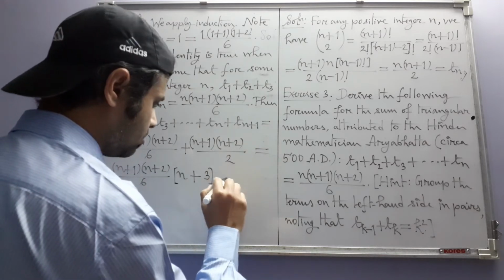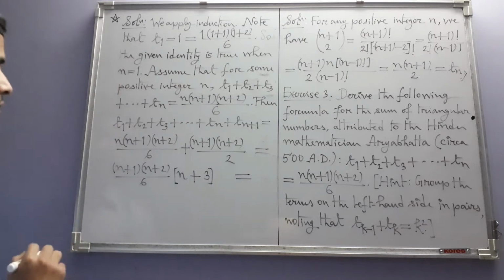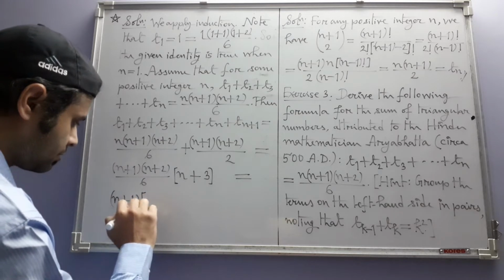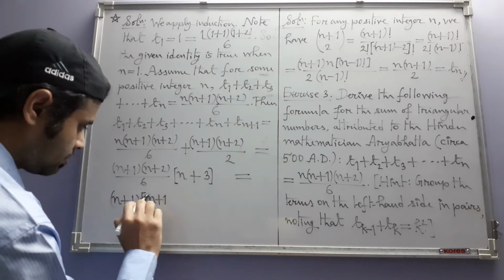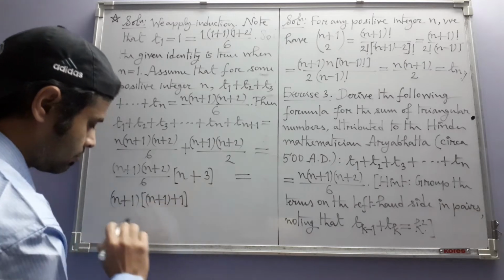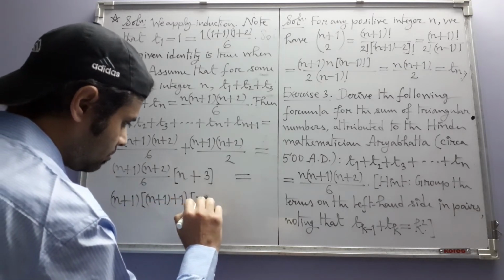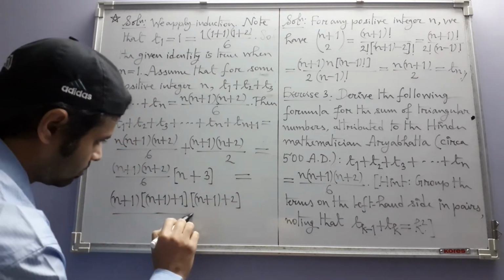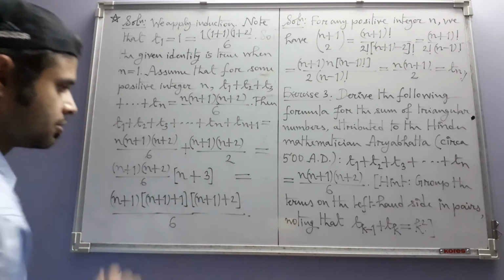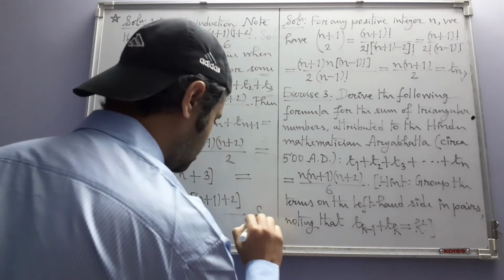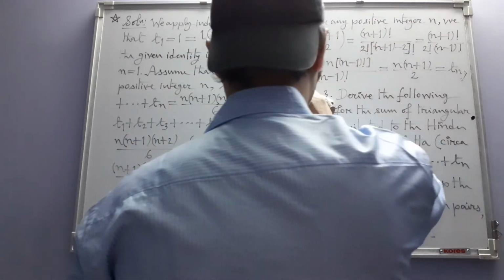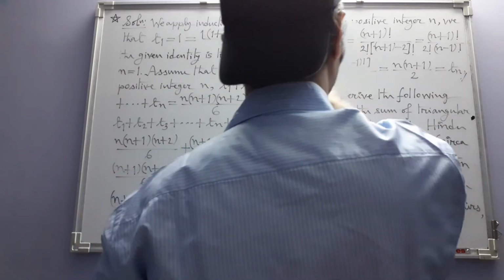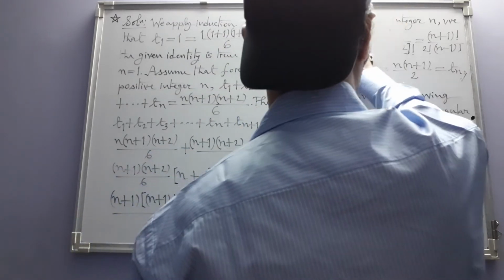If you want, you can write it showing everything, that is (n plus 1) times (n plus 1 plus 1) times (n plus 1 plus 2) divided by 6. So the given identity is true for n plus 1. Hence by induction it is true for every positive integer n.